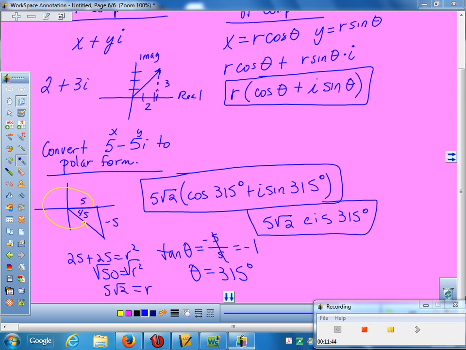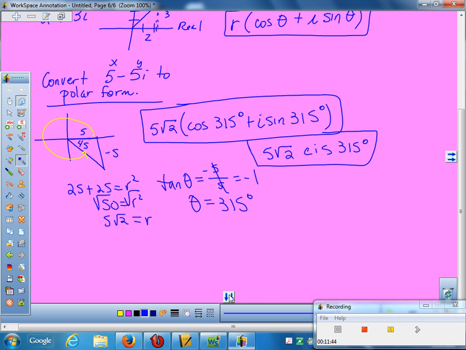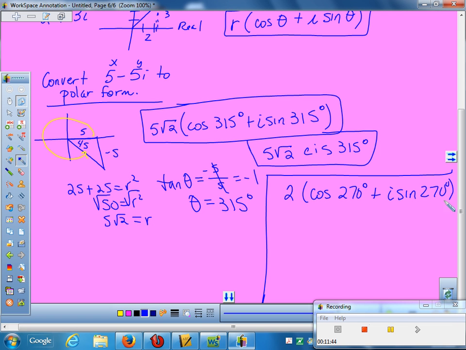I probably better at least give you a hint to the last one. We'll just throw one on here. How do you get backwards? What if I gave you this form? What's an angle we haven't done yet? Oh, let's do that. Okay, if I give you polar form, how do you get back to rectangular?